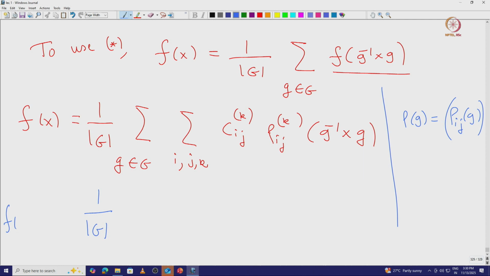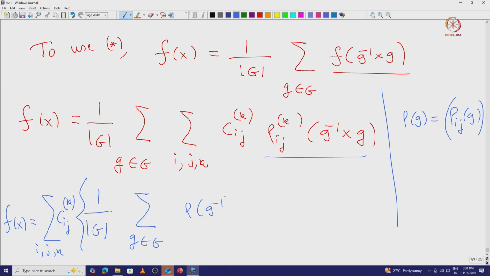Now f of x equals the summation over i j k of the coefficients c i j k, which we will keep, and then we collect 1 divided by the cardinality of G, summation g in G. Now we will be able to write these 3 operators, which are given by rho of g inverse, rho of x, and then rho of g.